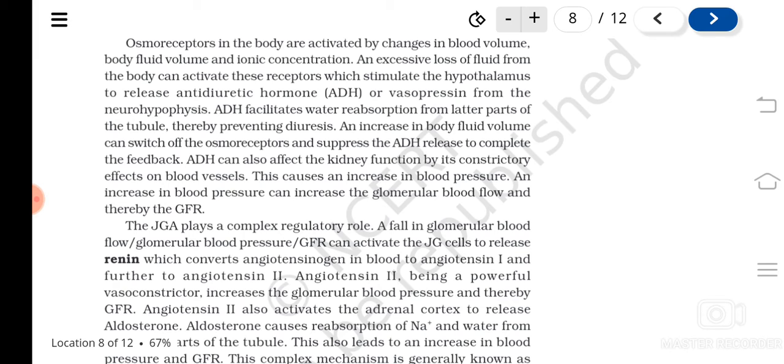In this way the urine production will be controlled. ADH functions by allowing the blood vessels to constrict. When blood vessels constrict, it will increase the glomerular filtrate and thereby more urine.